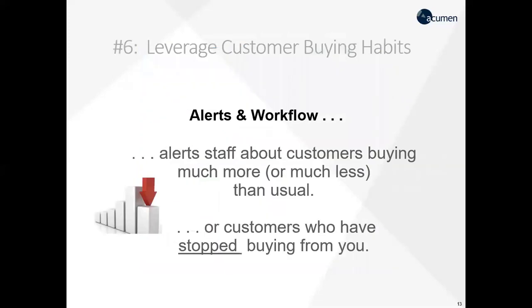One of the lesser known but more popular uses of Sage alerts and workflow by customers who've been using the application for a while is to uncover and communicate changes in customer buying habits. In most businesses, you have repeat customers.